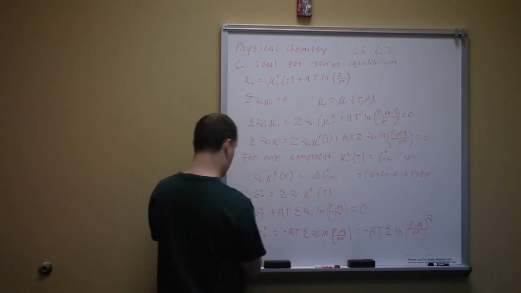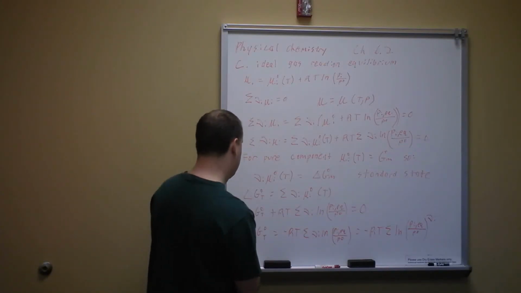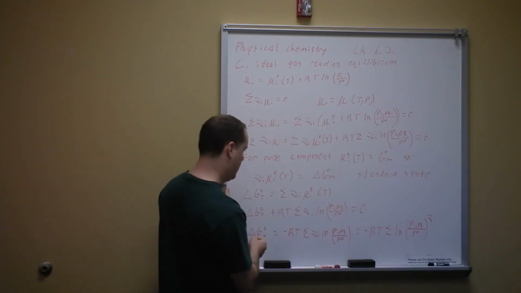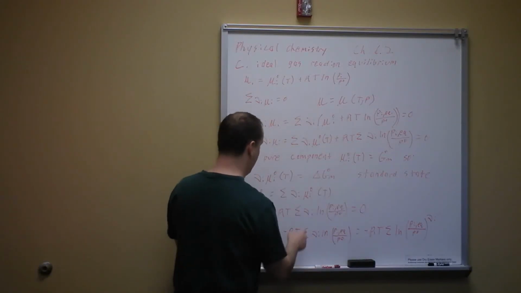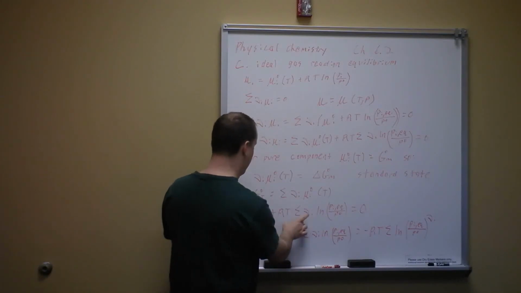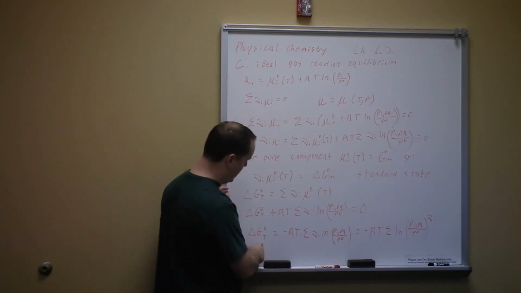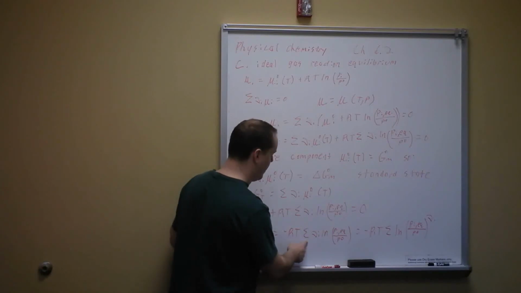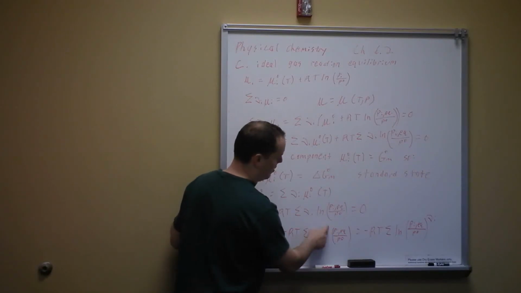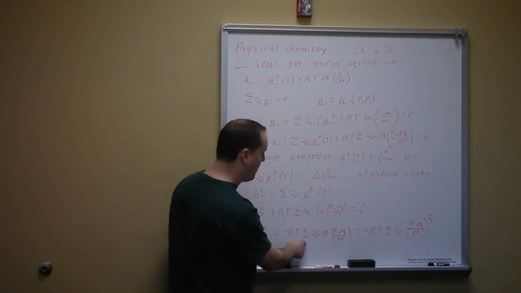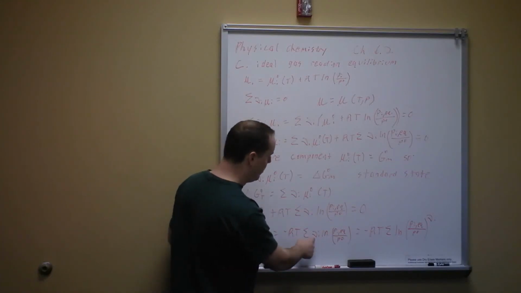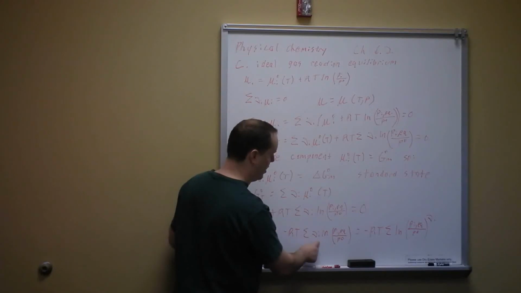Now we're going to substitute that in again here. So this is equal to 0 like we had it before, and we're going to get these on opposite sides by subtracting this. So we have delta G T naught is equal to minus RT times the sum of nu I, natural log of Pi equilibrium divided by P naught. But then we're going to move this inside the natural log, which is an exponent.